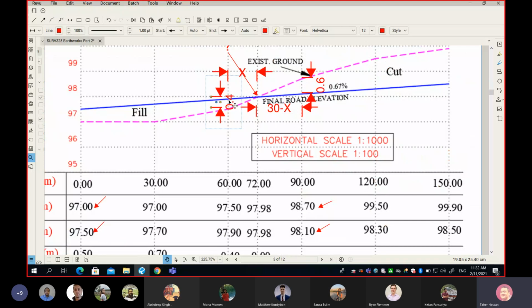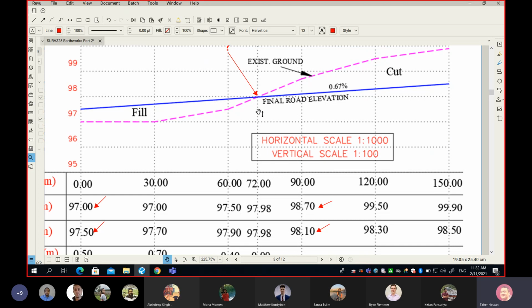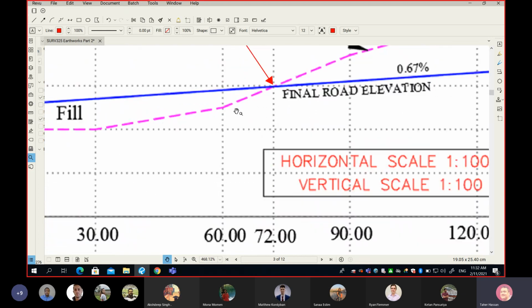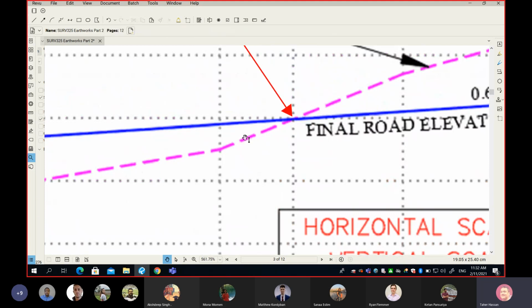So this little volume here, probably I'll clean a little bit so you guys can see better. We're trying to figure out the little volume between 60 and 72, which is here. I'll zoom in. So we're trying to find volume here. So we have one area on one end, and this area goes to 0 where we have no cut, no fill. In geometry, this is called a pyramid.